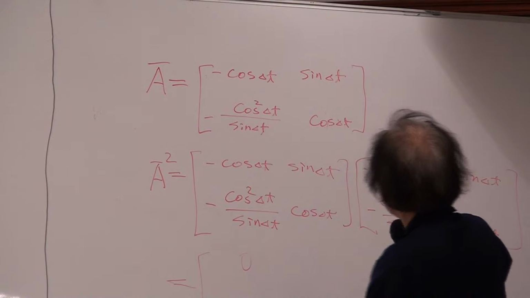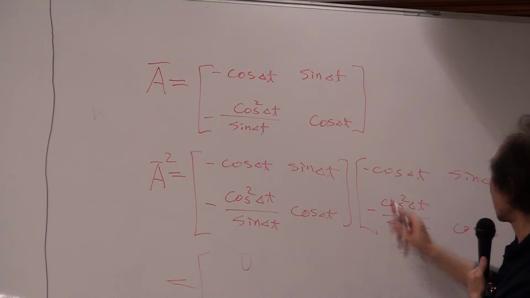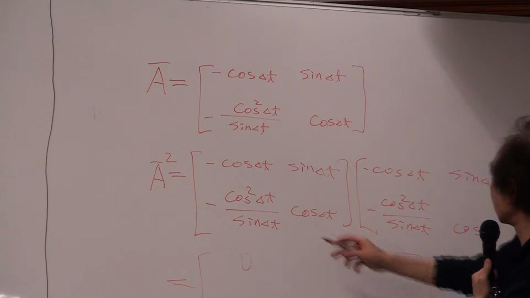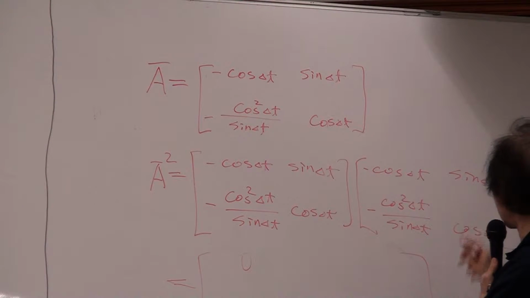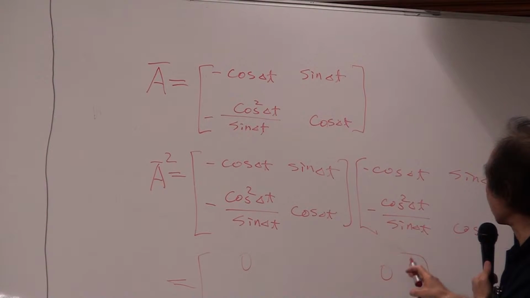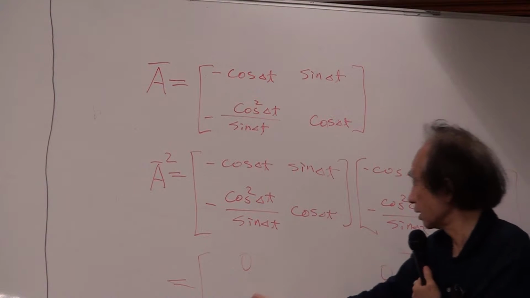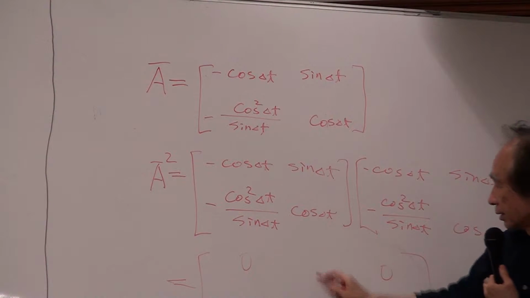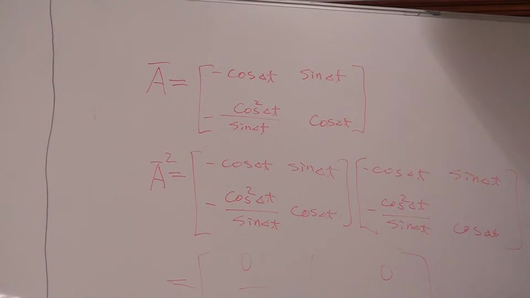That's cosine square t, and this minus sine cosine square t, so 0. And this is cosine sine 0, and that times this, cosine cube is 0, and that times that, sine cancel out, cosine square 0. Okay. That means A bar square equal to A bar cube and A bar fourth and so on equal to all 0, 0, 0, 0.